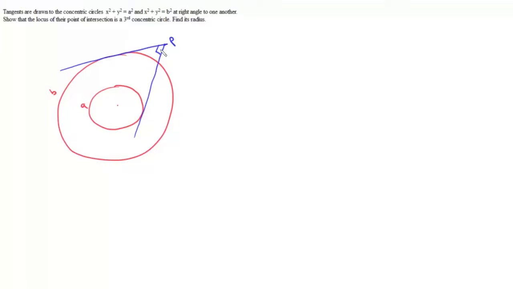So since this is a locus problem, we'll choose this point to be some alpha beta. Now this distance is a, this is b, and this is origin 0, 0. Now this angle is also 90 degrees, and since it is a rectangle, this is a and this is b. Now this distance will be under root of a square plus b square. So basically this OP is fixed and it is under root of a square plus b square.